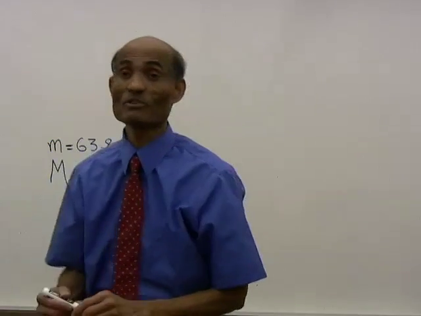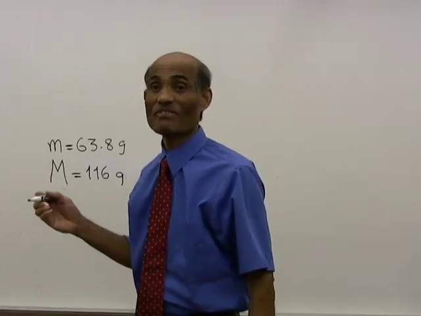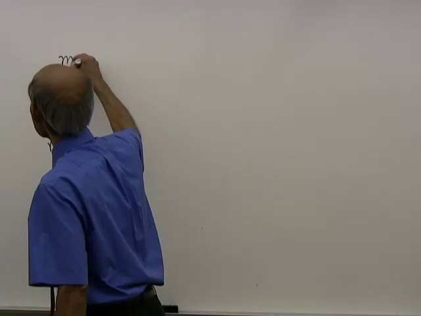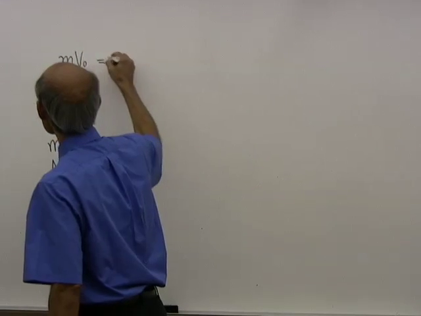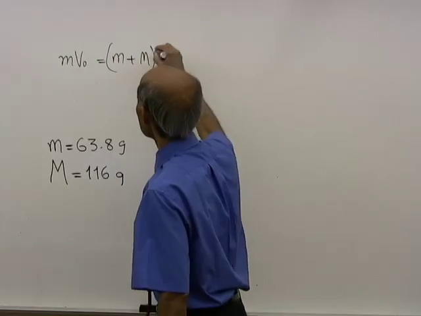Now let me take you quickly through a couple of questions at the end. Well, once you have the value of v0, you can use that to calculate the value of Vf. If you remember this one, m v0 equal to (m plus M) vf.